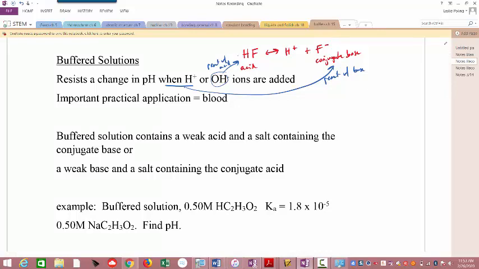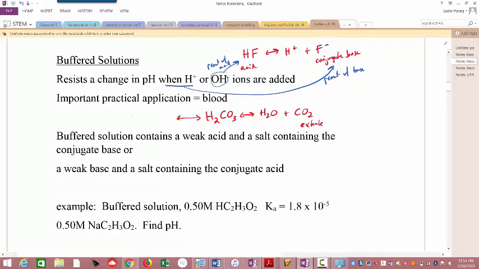So a very important practical application of a buffered solution is in your blood. You have carbonic acid, which separates into H2O and CO2, which of course CO2 you exhale.